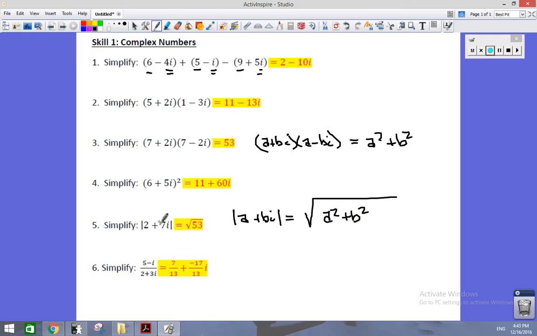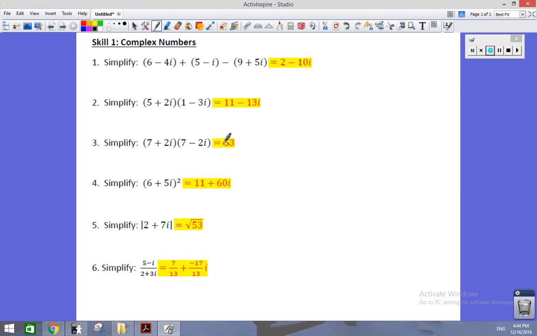When you're finding the distance, the absolute value, it has to be the square root of a squared plus b squared. So identify a and b. We've got 7 squared plus 2 squared, 49 plus 4, that's 53, but remember it's the square root of 53. 53 is a prime number, and I can't simplify that any further.